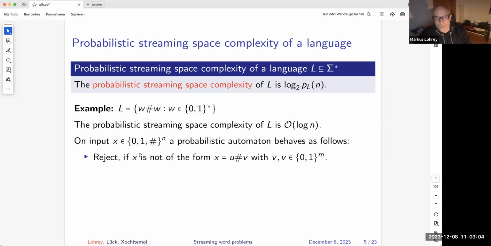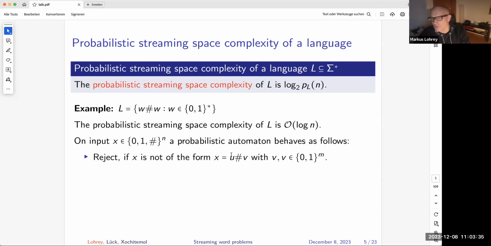If the input word X is not of the right syntactic shape, namely if X is not of the form U # V, where U and V have the same length, let's say M, of course, this M must be (N minus 1)/2, then the automaton will reject. Basically, you check this in parallel when the automaton runs. If it's not of this form, then you reject.